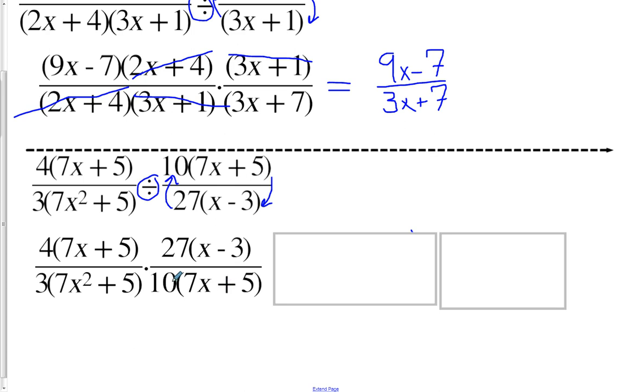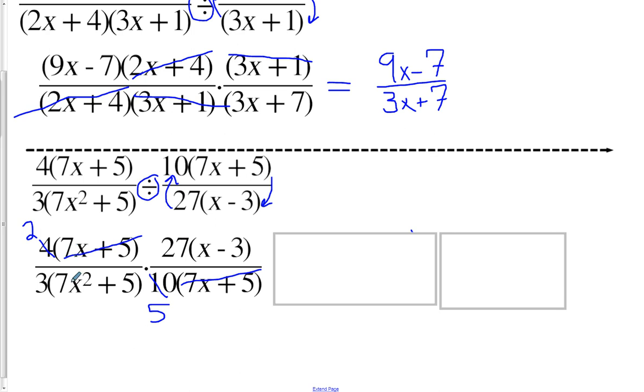Great. Now simplifying. We've got 4 and 10. 4 does not go into 10. Why did I cancel? They're both even. We can divide by 2. Divide by 2. Next, 7x plus 5, 7x squared plus 5. Squared is different. Doesn't cancel. This one will cancel over here. That one did not have the square.